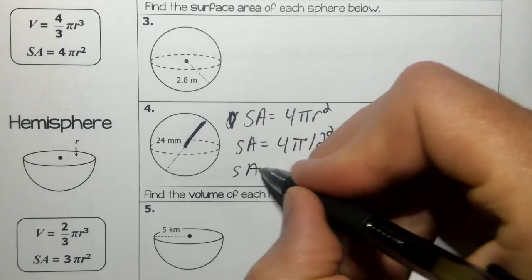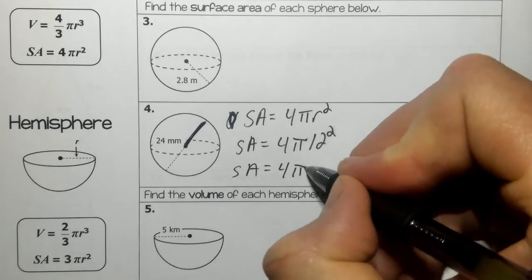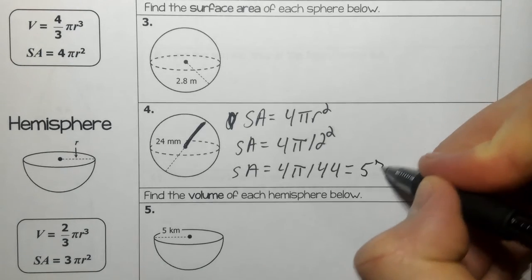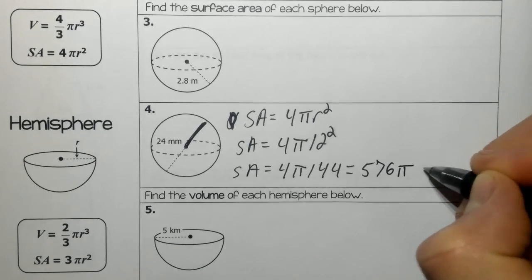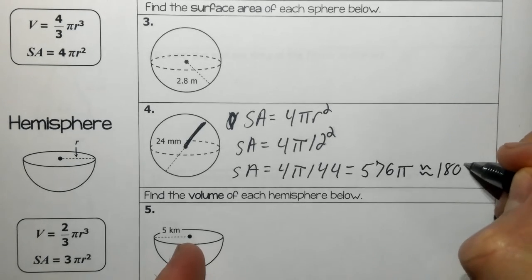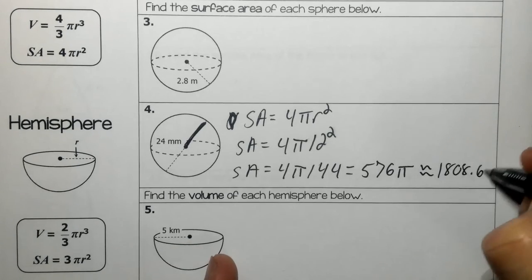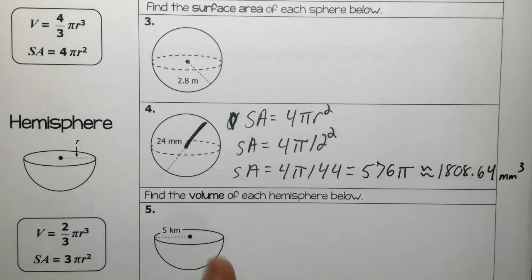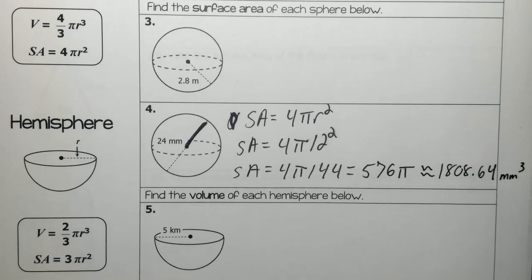So 4 times pi times 144. 4 times 144 is 576. So 576 pi. And then I'll multiply that by 3.14. 1808.64 millimeters squared.